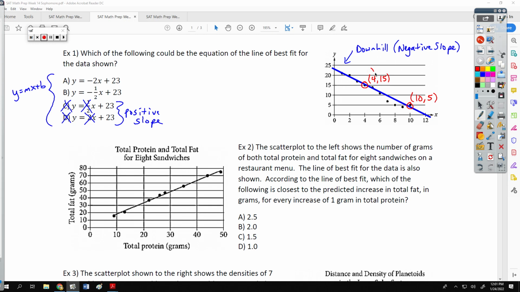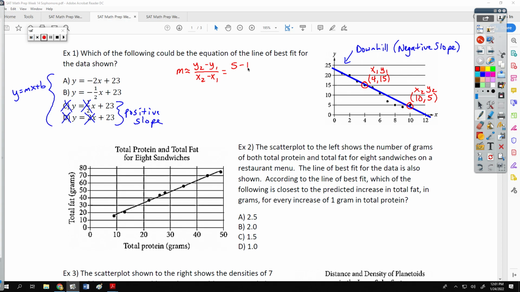If I use those two and my algebra knowledge, I can find the approximate slope using the slope formula, y2 minus y1 over x2 minus x1.